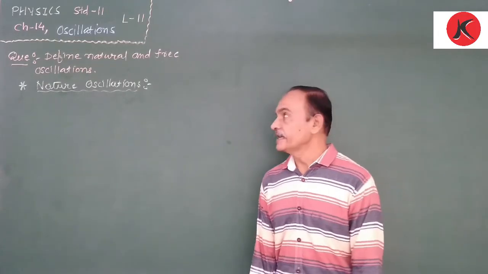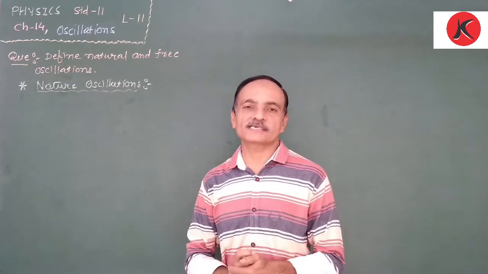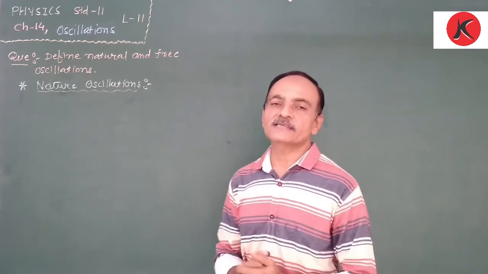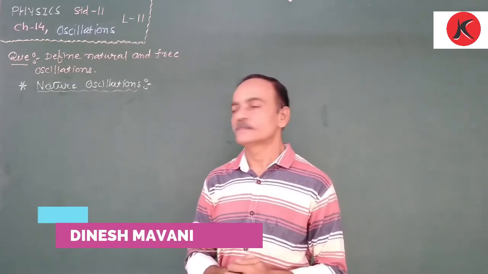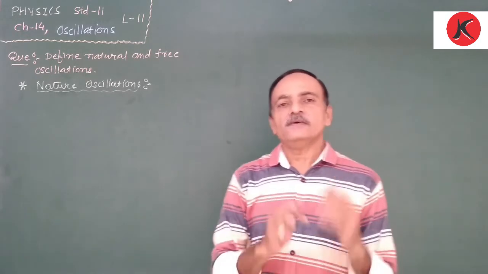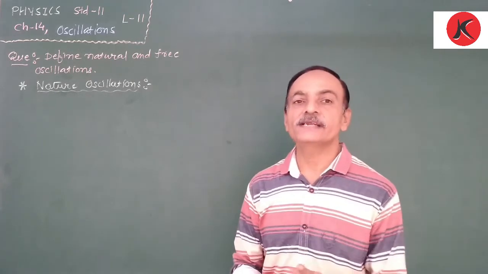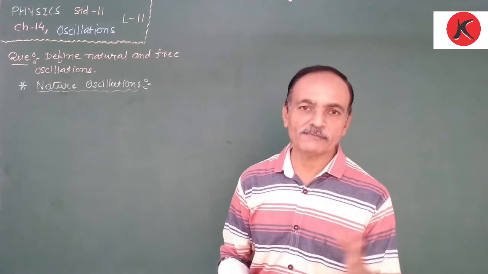Okay, now we discussed the simple harmonic oscillator and also derived the equation of periodic time. After that, we also derived the differential equation for pure simple harmonic motion and damped oscillation. What is damped oscillation?